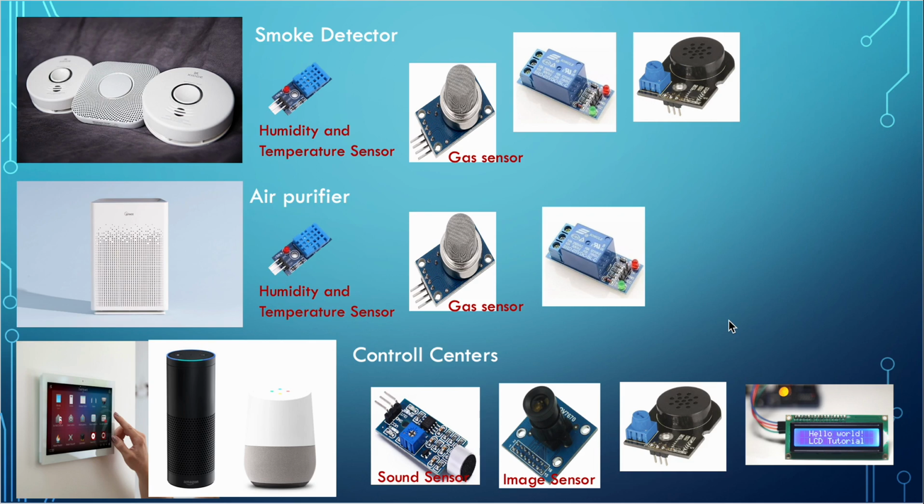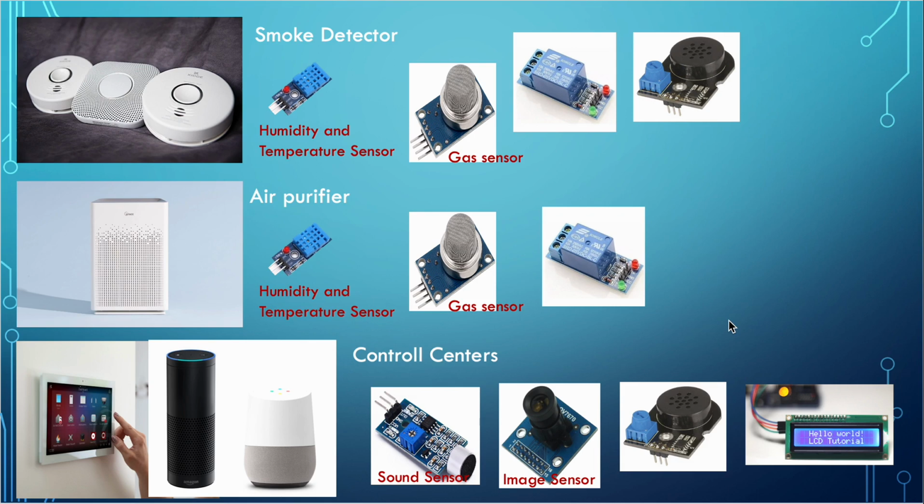So when you have a smart smoke detector or a set of smart smoke detectors, there should be a power source given to those smart smoke detectors. So on the actuator side, there will be relays working towards it.